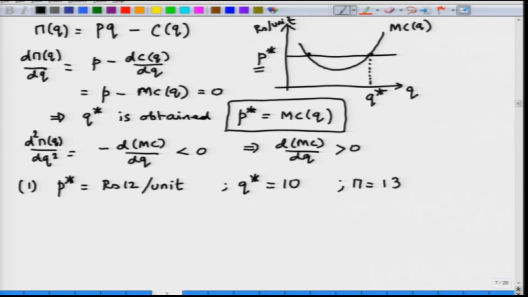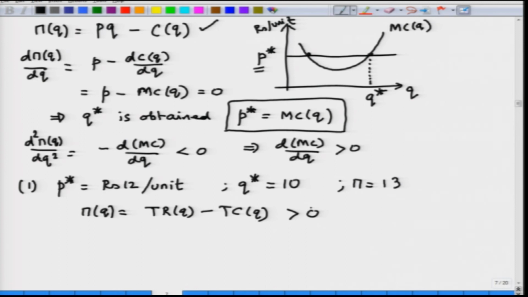Okay. So, let us ask, under what conditions is the profit of the firm going to be positive? If I write down the profit as the total revenue minus the total cost, when will the profit be strictly positive?